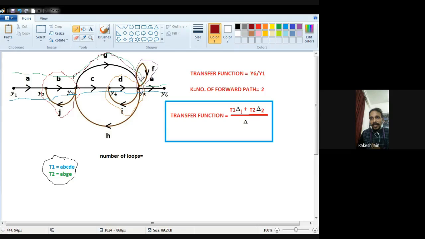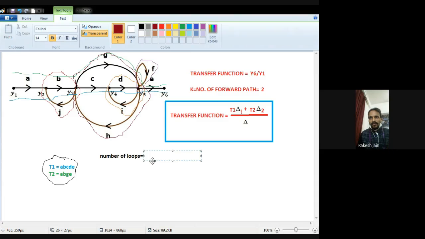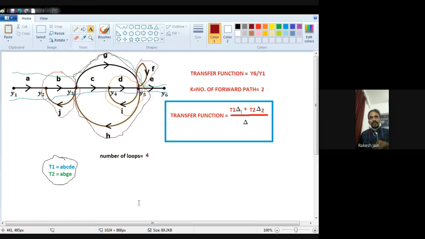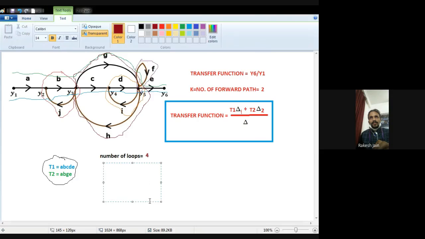Now what is my third loop? See very clearly, it is a special loop. See with the purple color, this one. I start from the Y5 and reach the same Y5 without repeating any branch. So this one has only one gain, that is F. Okay. Now the last one, I mentioned with this brown color.